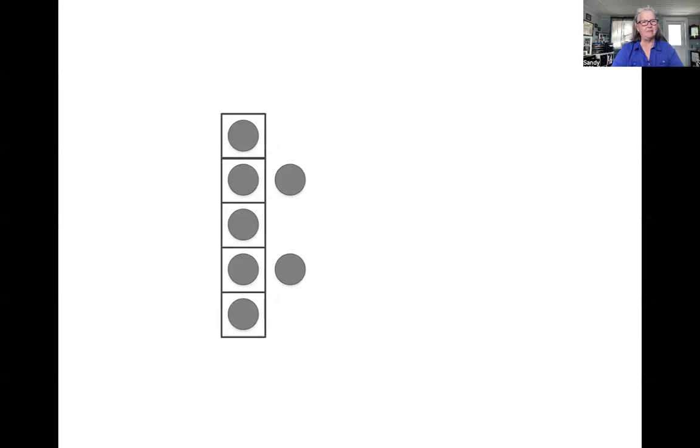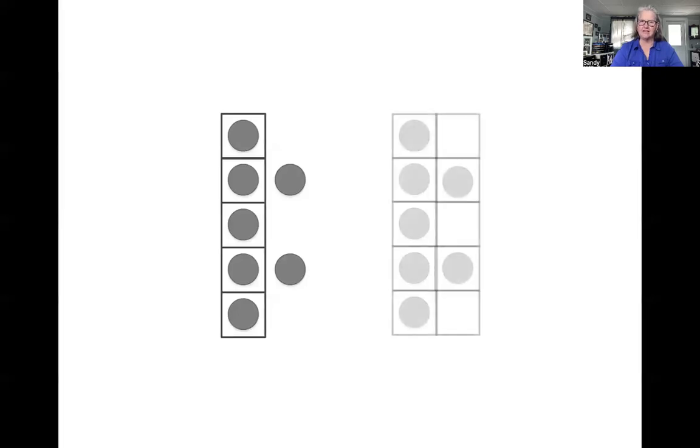Here's that 5 frame image, and here I'm showing 7 as 2 more than 5, purposefully showing that. Here we use a 10 frame image. I see that 5 and 2 still, but I also see it as 3 fewer than 10. So you'll see images being used, helping to give meaning behind the symbols.